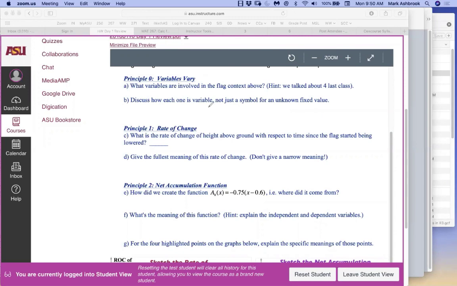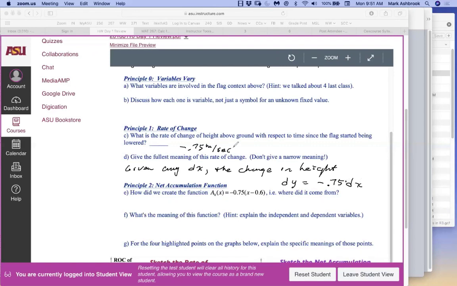All right, so we said that the rate of change is negative 0.75 meters per second. And the fullest meaning is, given any change in time, the change in height of the flag can be calculated by taking that constant rate times whatever change in time you said.